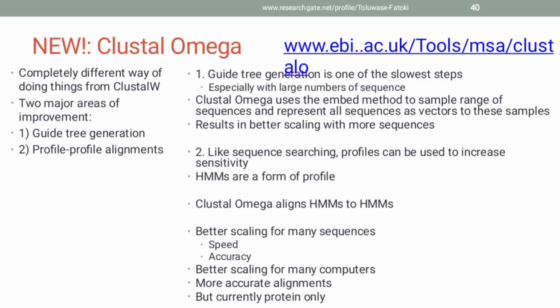Then it creates an HMM profile alignment, that is a hidden Markov model, which is a kind of neural network, to determine the optimal alignment of each of the sequences. So it helps with what? It has better speed and accuracy, and it can be worked upon on different computers easily.